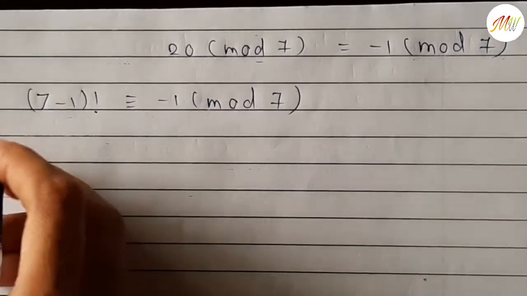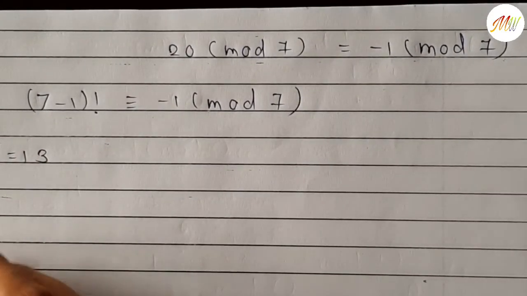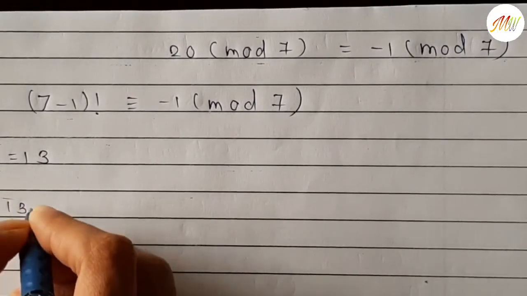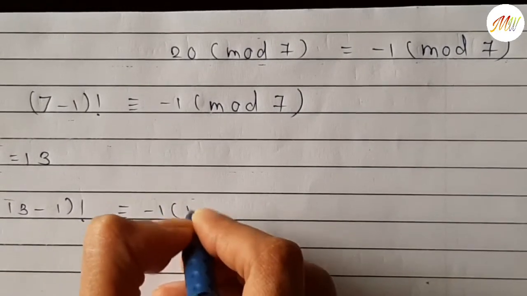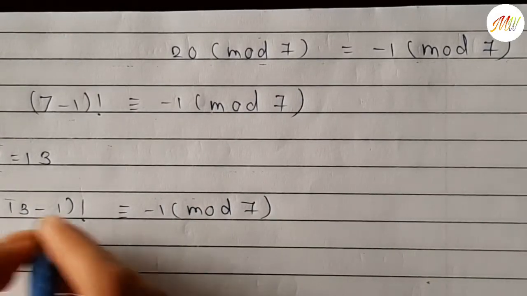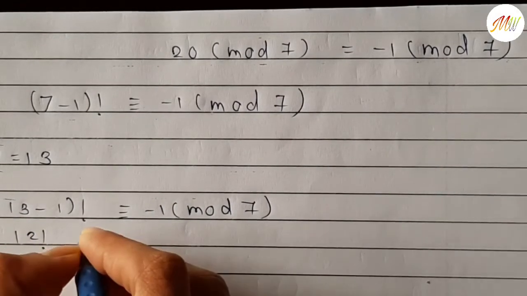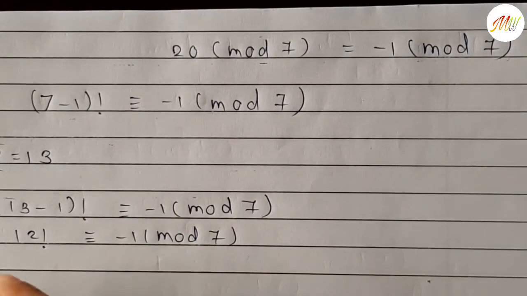Okay, now let us take for p equal to 13. So again we write 13 minus 1 factorial is congruent to minus 1 mod 13. Okay, so 13 minus 1, 12 factorial is congruent to minus 1 mod 13.